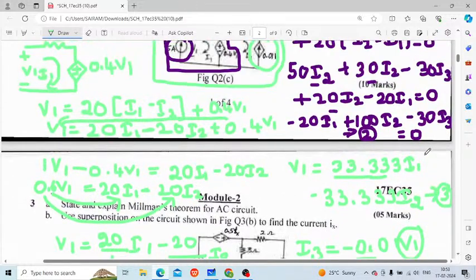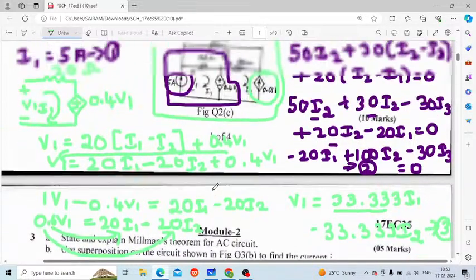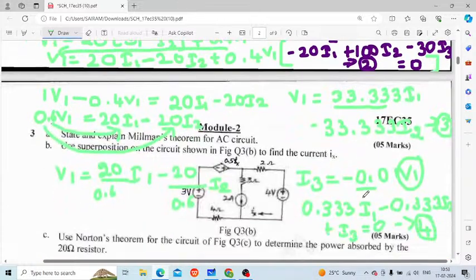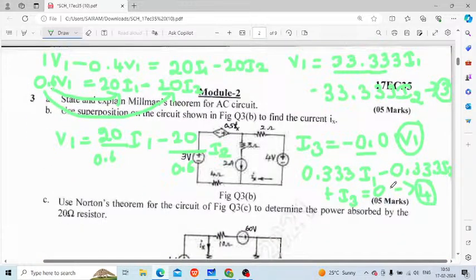Now I am going to take equation number 2, which is this equation: minus 20 I1 plus 100 I2 minus 30 I3 equal to 0. This equation you need to take first. But I have two equations and 3 variables, I1, I2, I3.